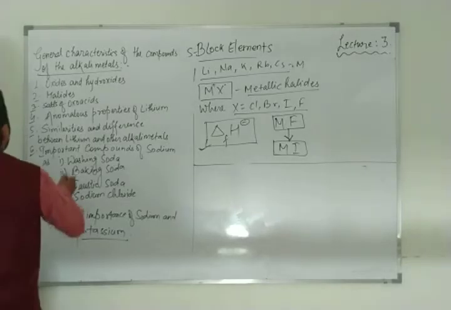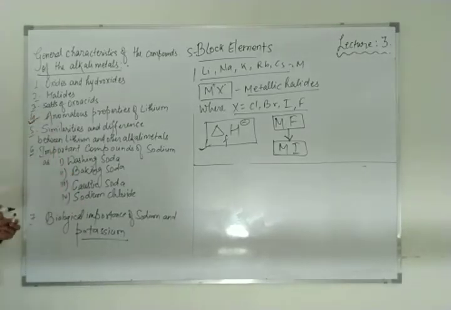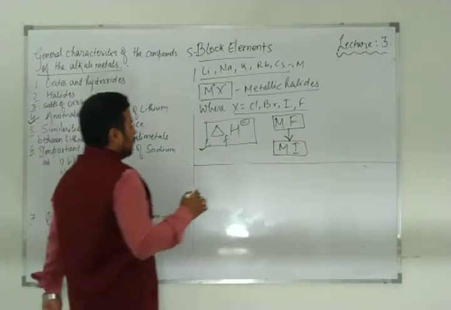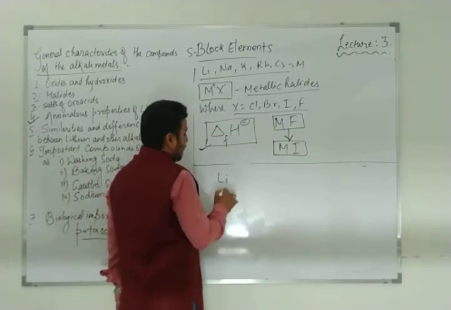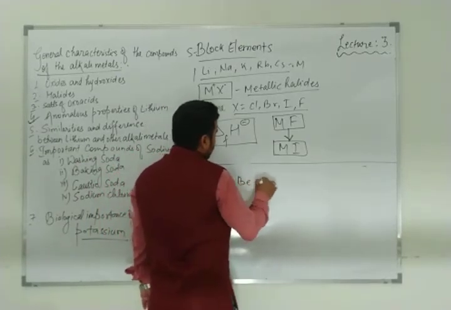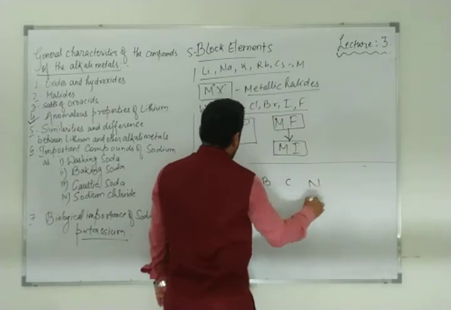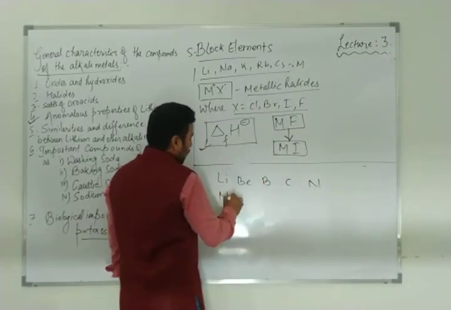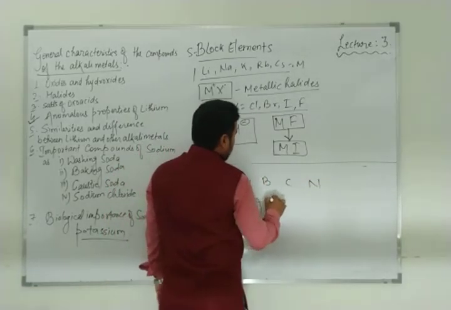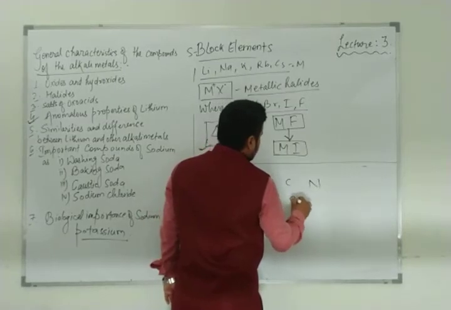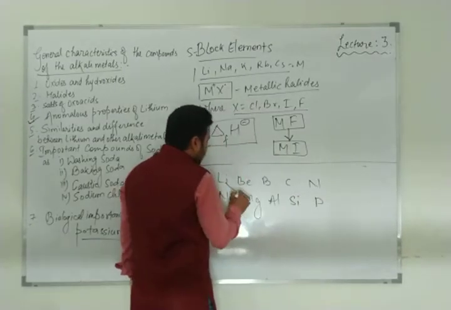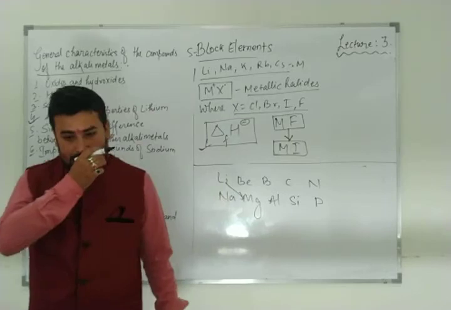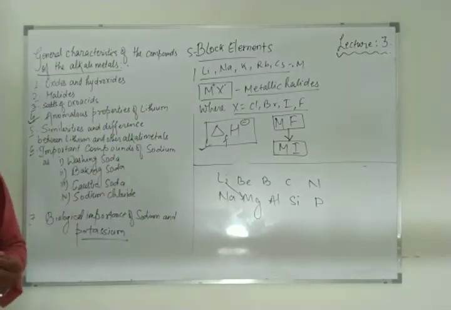What is the meaning of this anomalous? I have informed you about that. If you remember, lithium, beryllium, boron, carbon, nitrogen, and here sodium, magnesium, aluminium, silicon, and phosphorus. This is the diagonal shift property. The anomalous behavior of lithium is due to the exceptionally small size of the atom and the ion.